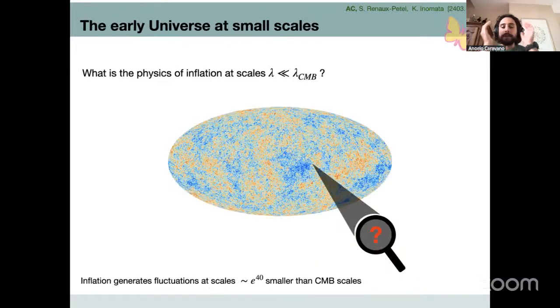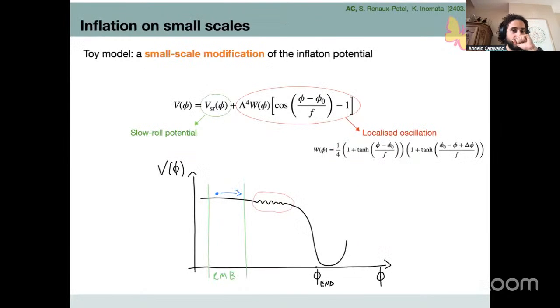Now, let's come back to the original question of the talk, and let's ask, what is the physics of inflation at scales much smaller than the CMB? In order to try to understand what kind of things these simulations can give us on this question, I'm going to consider a toy model. This toy model is basically a way where we put a small scale modification of the inflationary potential.